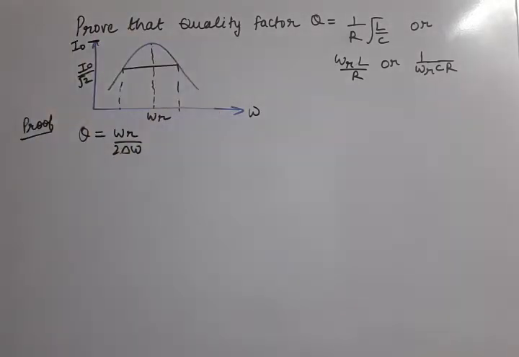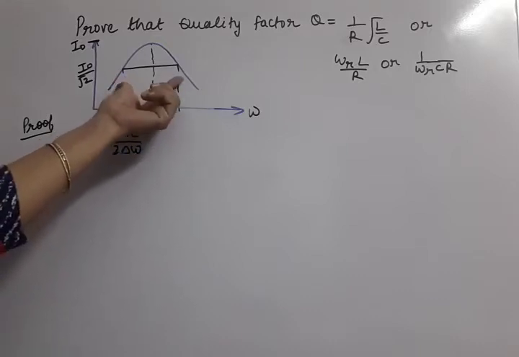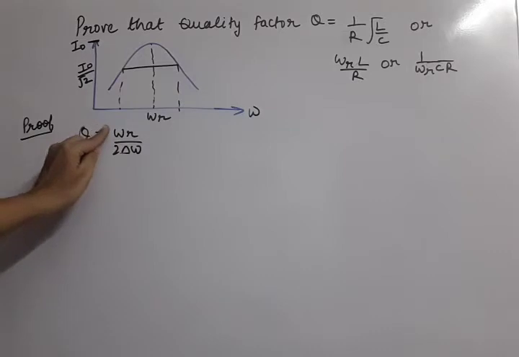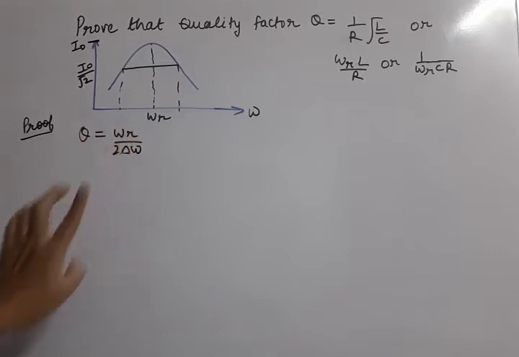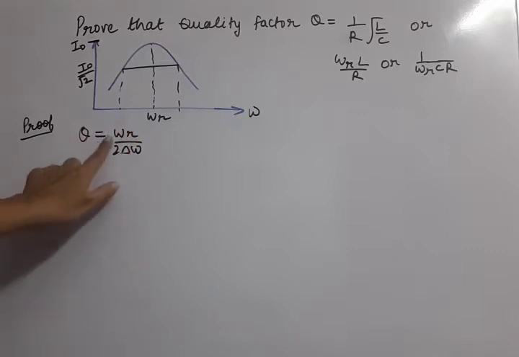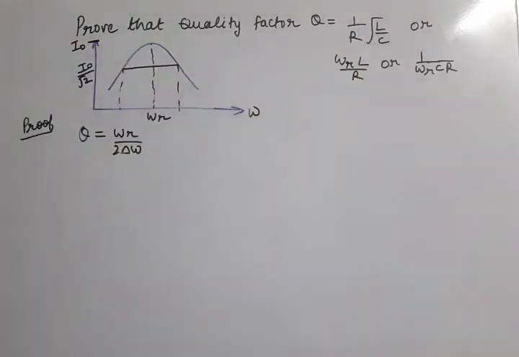We can also call this bandwidth, because delta omega is here, delta omega is here. So it is 2 delta omega width. So omega r divided by this bandwidth 2 delta omega gives us the quality factor Q. This is our basic definition, which we will be using, and finally we will proceed to these formulas. So let us start now.